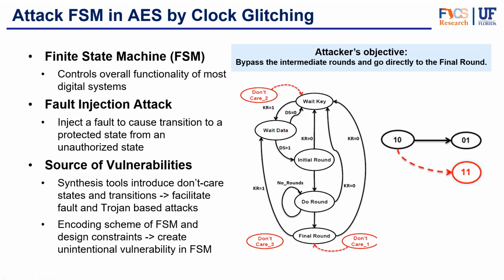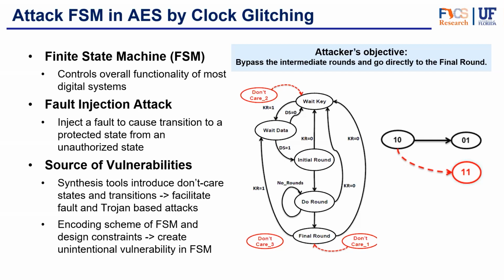At the same time, some don't care states can be introduced by the synthesis tool while mapping the RTL code to the gate level code. Based on the optimization mechanism that the synthesis tool uses, the don't care states may be connected to the reset state of the design, or to other states of the design.